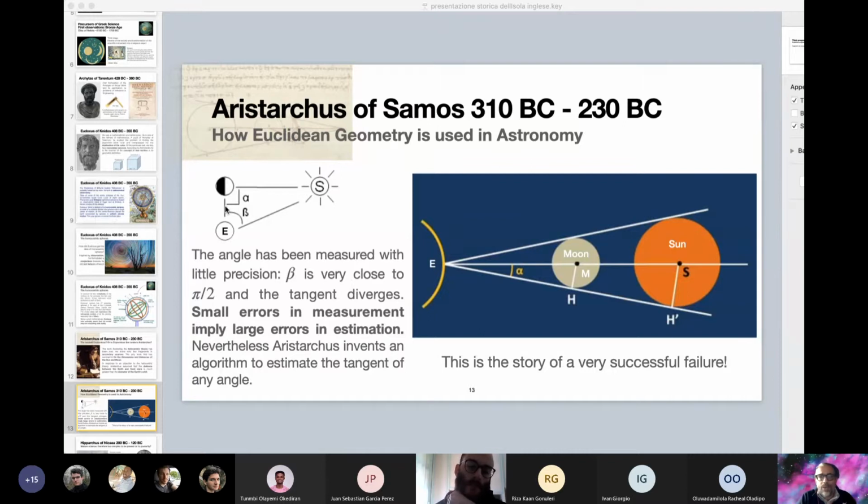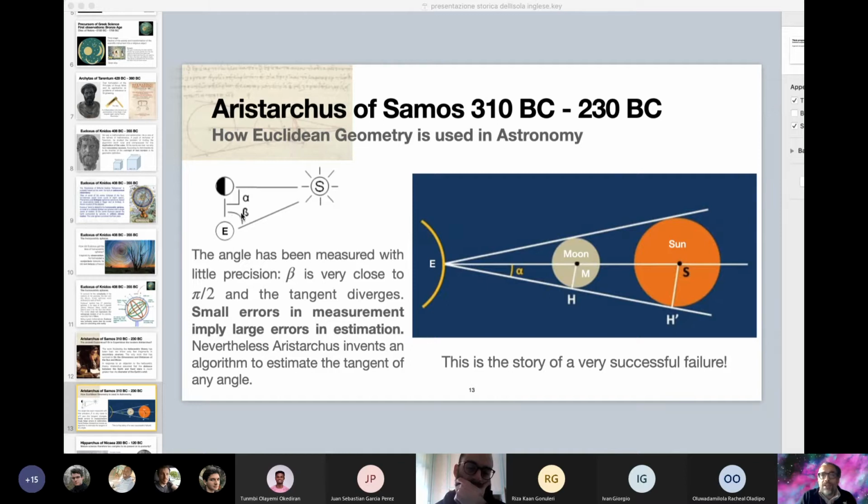It's very close to alpha. Okay? And we know that the tangent is diverging. Now, the ratio of the two segments, moon-sun over moon-earth, is clearly the tangent of beta.